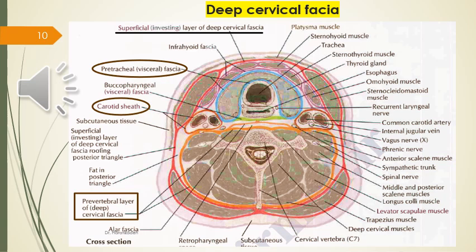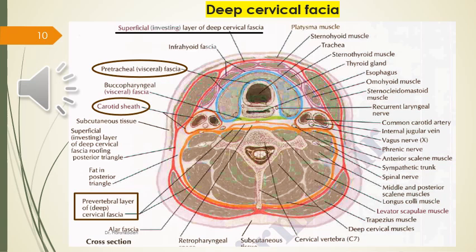There is also the carotid sheath here, which is present on both sides of the neck. In this image, you can see that it encloses the internal jugular vein, common carotid artery, and vagus nerve. It is shown with circles in the picture on both sides of the neck, maybe purple in the section.